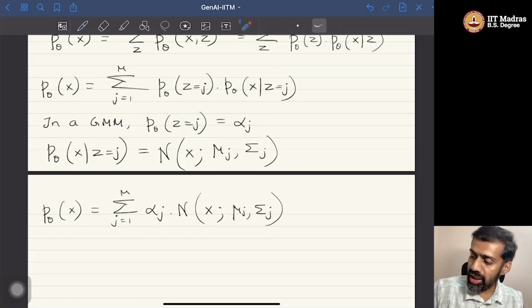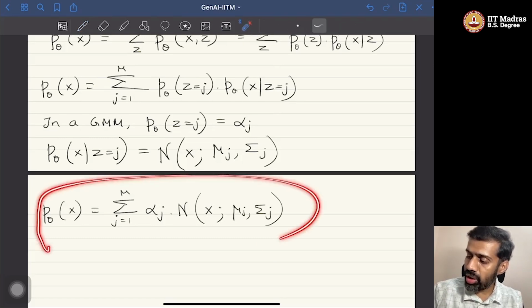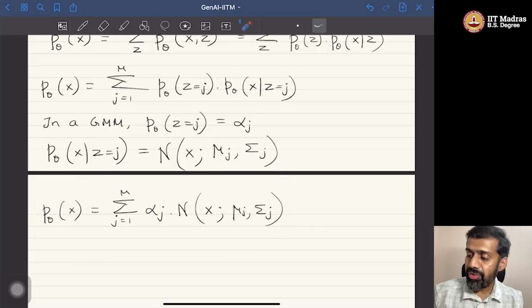This is why the model is called a Gaussian mixture model. That is, the likelihood of every point x is given by a linear combination of multiple Gaussian distributions. For every latent variable z taking a value j, we have a particular Gaussian distribution.